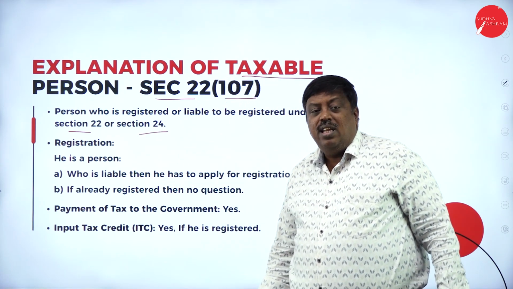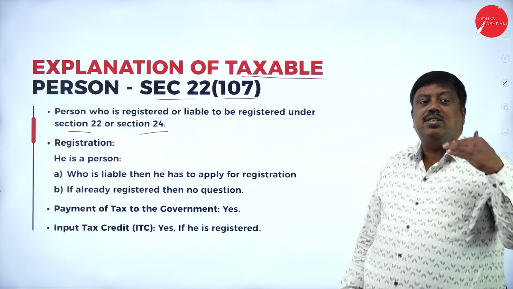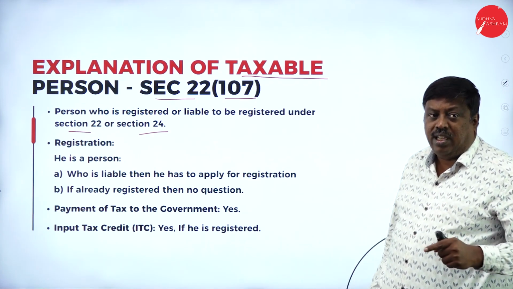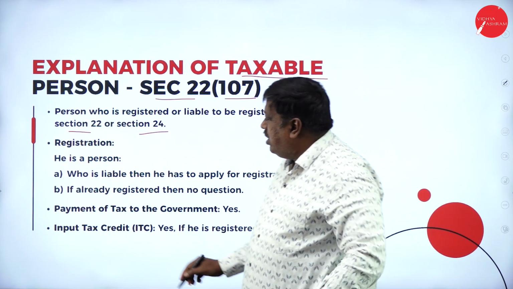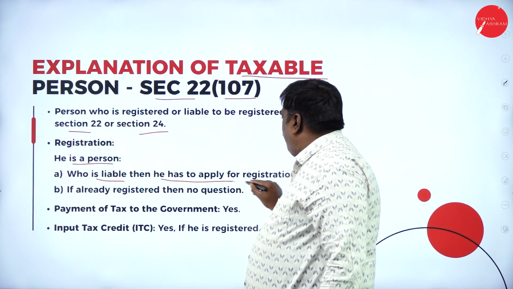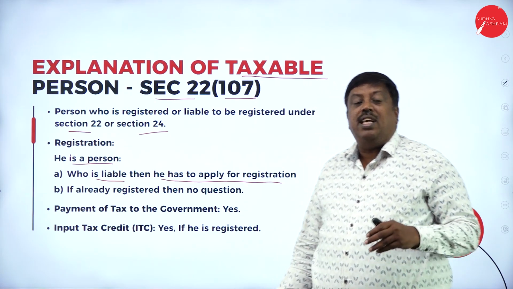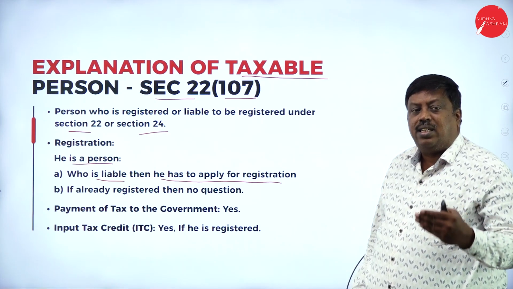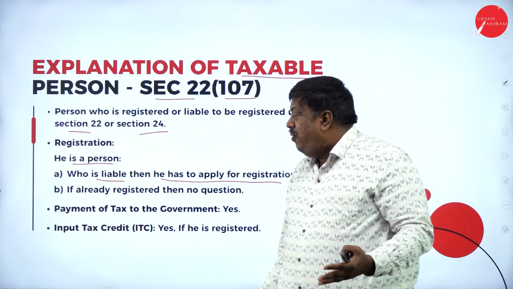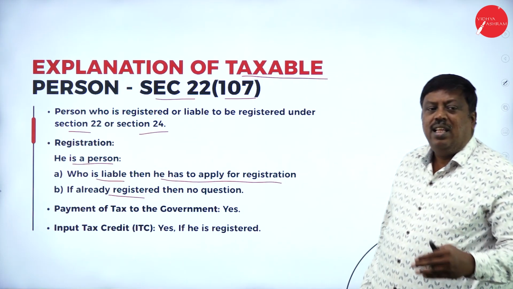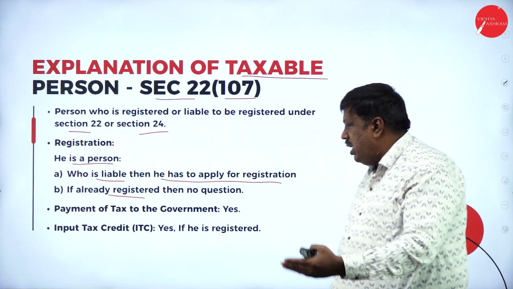They're saying that a person who is going to register under GST or who is liable to register under GST, if he is liable, then he has to apply for registration. If he is already registered, then there is no requirement of the same registration again.